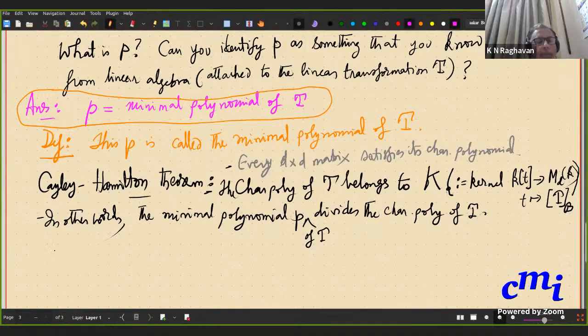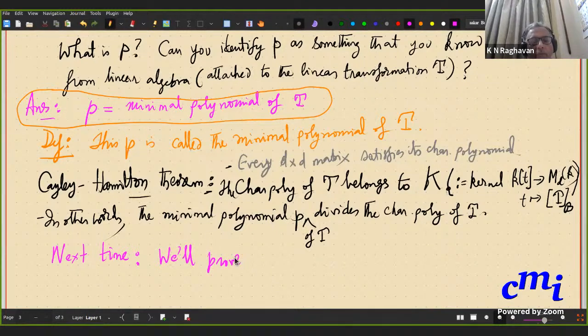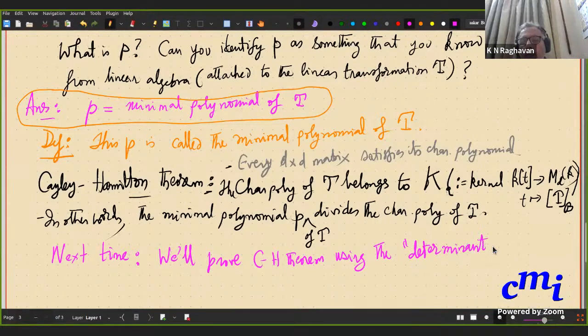Let me say that in the next lecture, on, I guess, Sunday next week, we'll prove the Cayley-Hamilton theorem using the determinant trick.